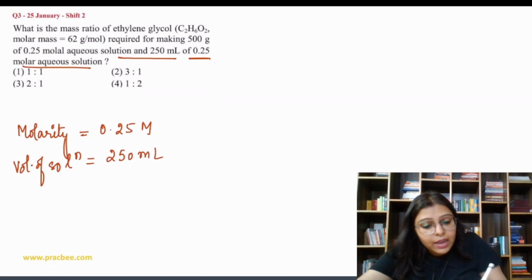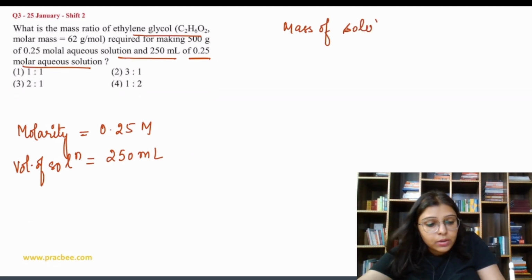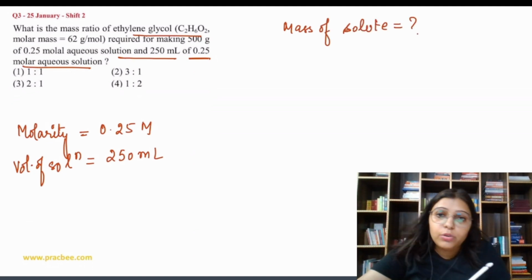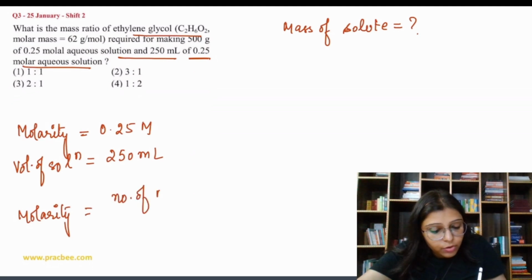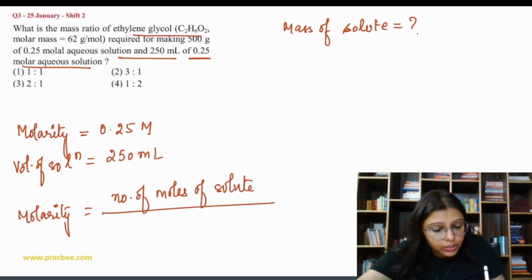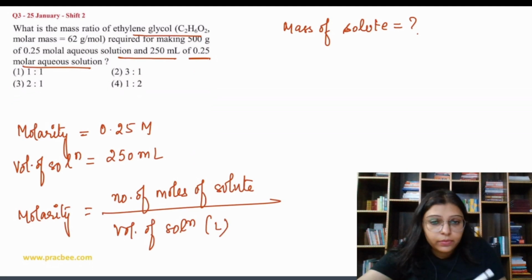Okay. And we have to find out the mass of ethylene glycol. It means we have to find out the mass of solute. So how to find out the mass of solute? See, we know that molarity is equal to number of moles of solute divided by volume of solution in liter.